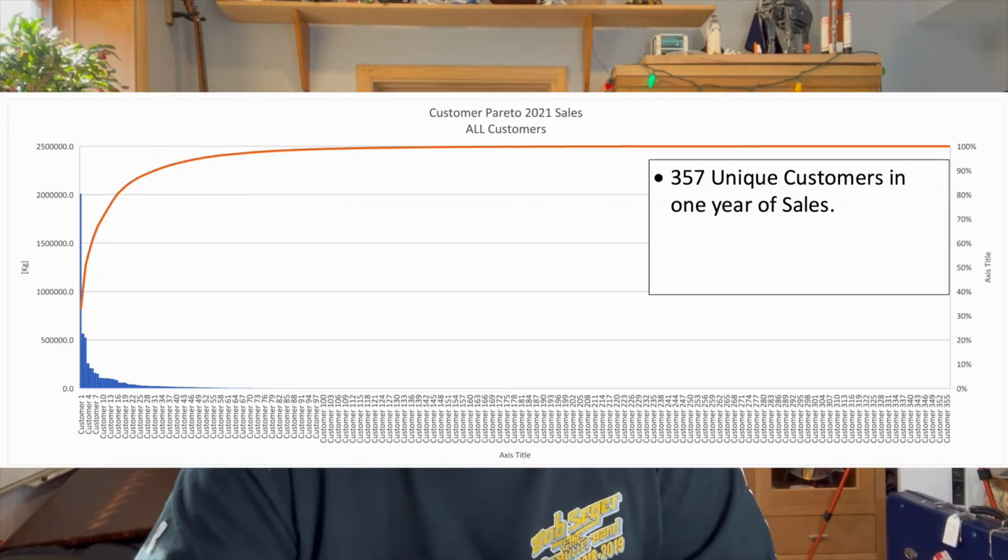And overall, 95% of our unit sales is from 48 customers. So just over 10% of our total customer base makes up 95% of our unit sales. That is also really important. And if you take a look at this top Pareto chart here, you'll see it. I mean, it's a huge long tail, right?